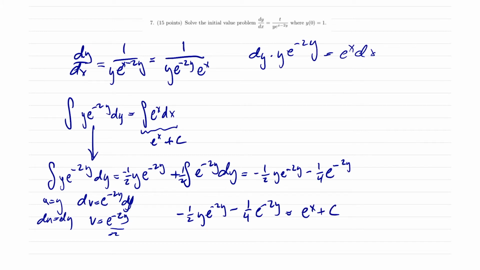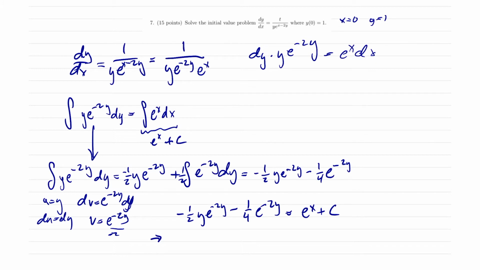All right, now we are asked to solve an initial value problem. And so we don't want just the plus c here. We want to solve it with y of 0 is equal to 1. So if I go ahead and plug in, this tells us that x is equal to 0 and y is equal to 1. And so we need to figure out what c is going to be.